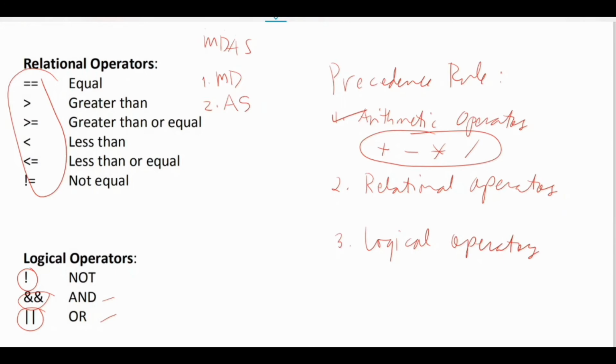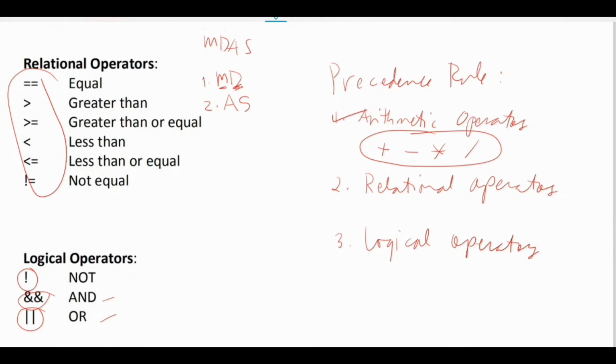Meaning you are going to perform all the multiplication and division first, and then you're going to perform all the addition and subtraction. But it doesn't mean here that multiplication should be performed first before division, or addition should be performed first before subtraction. Multiplication and division have the same or equal priority.